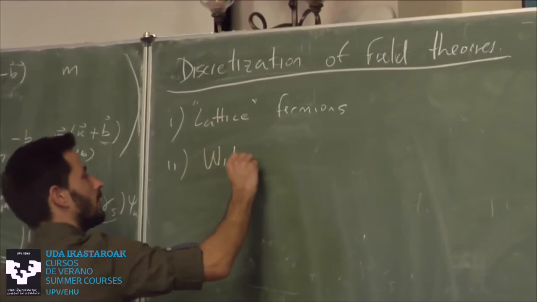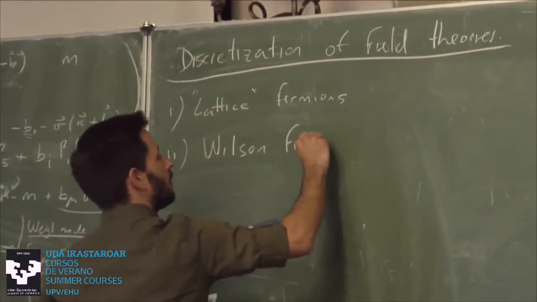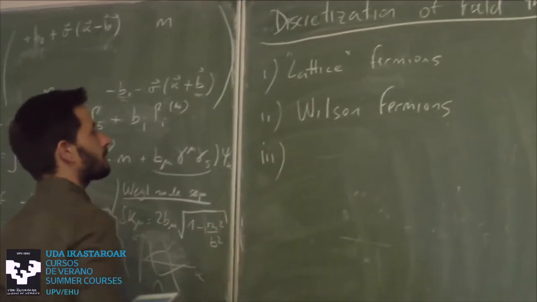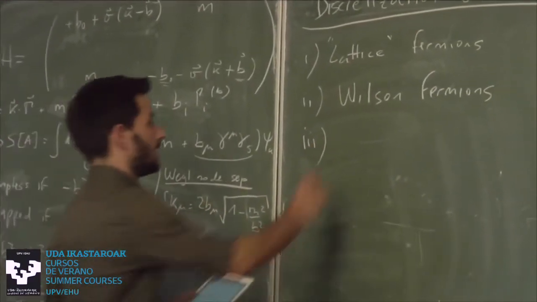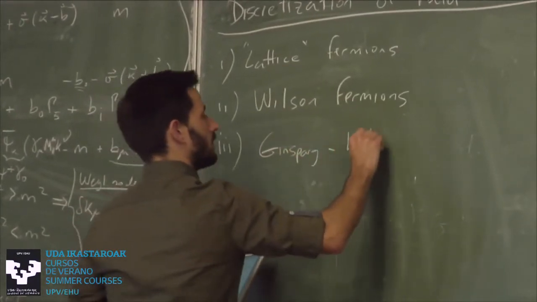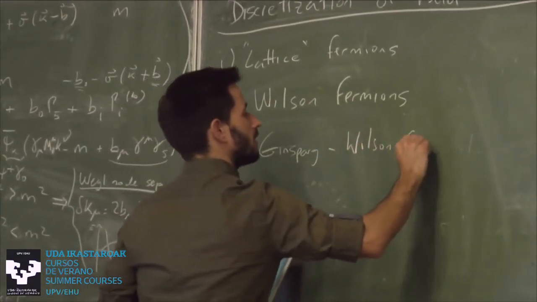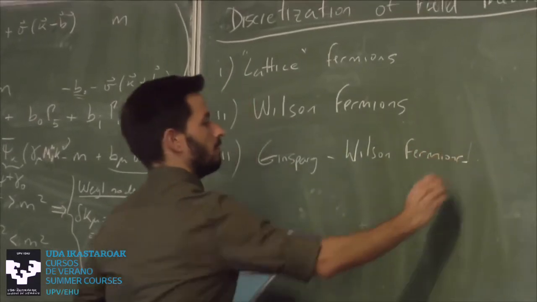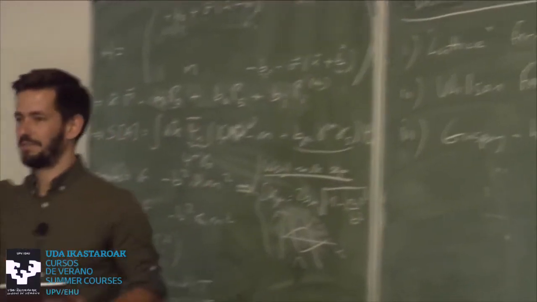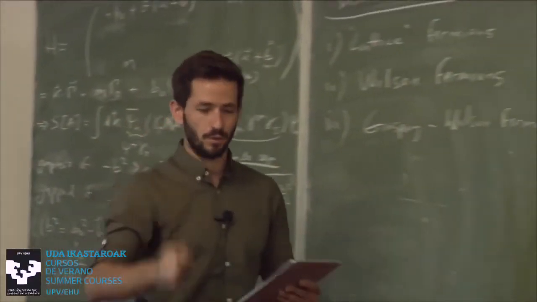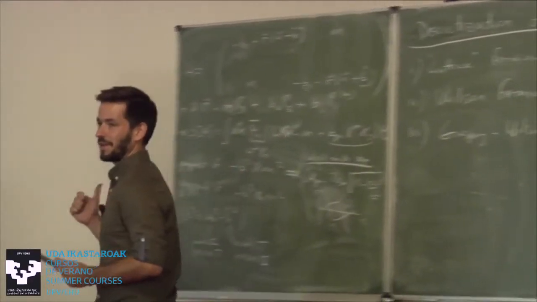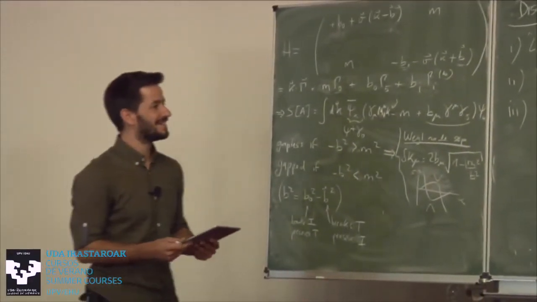I'm going to talk a bit about Wilson fermions that are very important for us in condensed matter. And I'm going to talk about inspired Wilson fermions. So this third is just some example of the things you can do, and I don't think there's a realization of this in condensed matter, but it would be cool to find one, I guess.